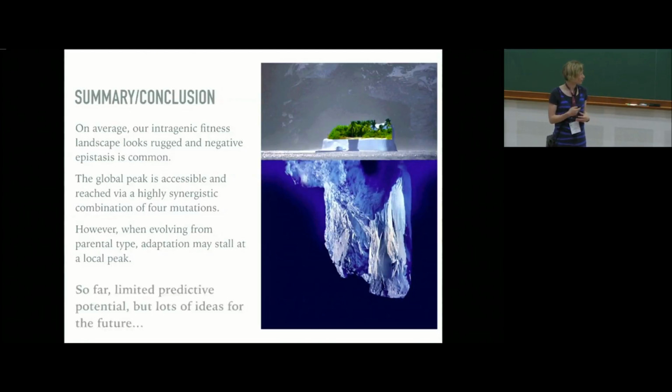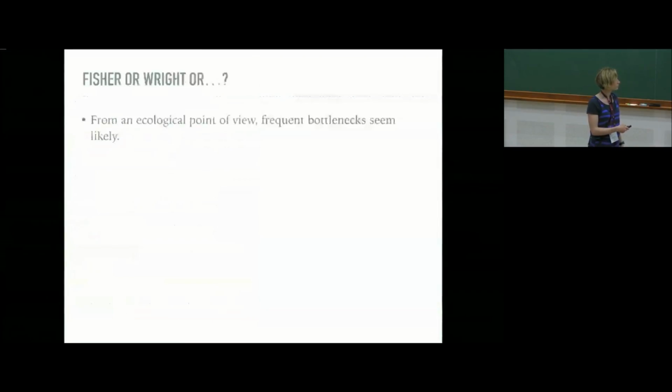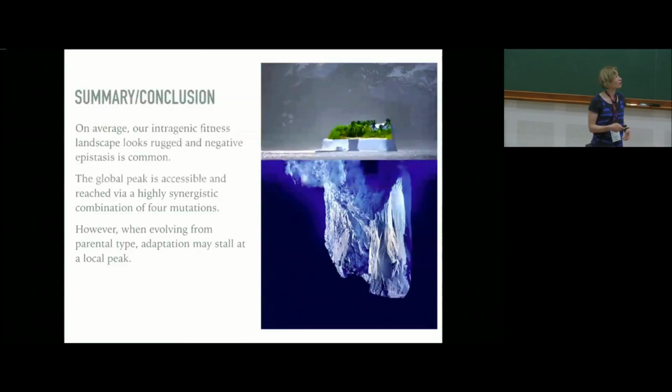And what I wanted to say is that we're still very far from figuring out how to use these fitness landscapes, like pieces of the fitness landscape, to predict anything beyond what we actually observed. And so just to finish up here, I think there are still many open questions, right?